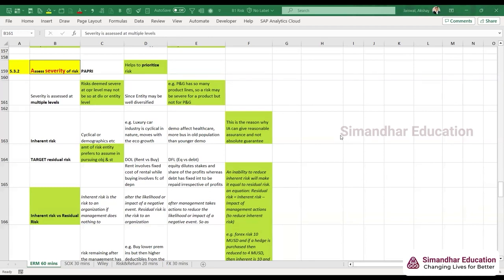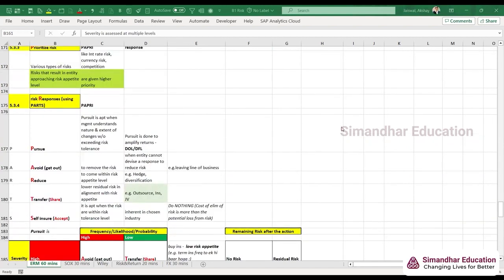So residual risk means remainder risk. Some risk will still remain even after putting in all our efforts. There are two types of residual risk. One is target residual risk. Target means what we are targeting, what is the budget or standard. And then actual residual risk: in reality, what came out as the actual residual risk.